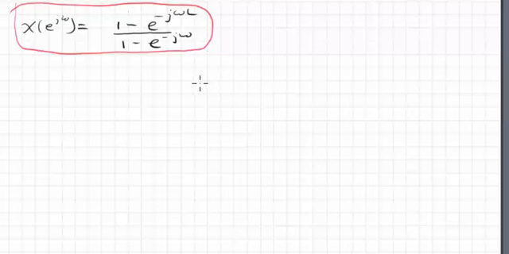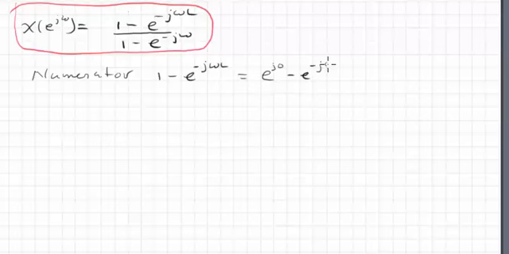Let's look at the numerator to begin with. This thing up here, let's see if we can write it in a slightly different way. We've got 1 minus e to the minus j omega L. I'll just point out that this is e to the j0 minus e to the minus j omega L. What I'm going to try to do is get this into the form of an Euler identity.